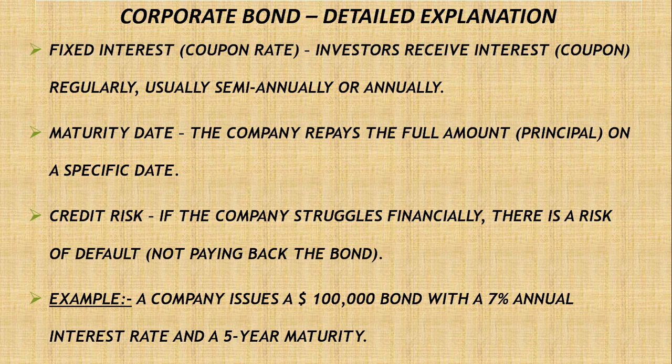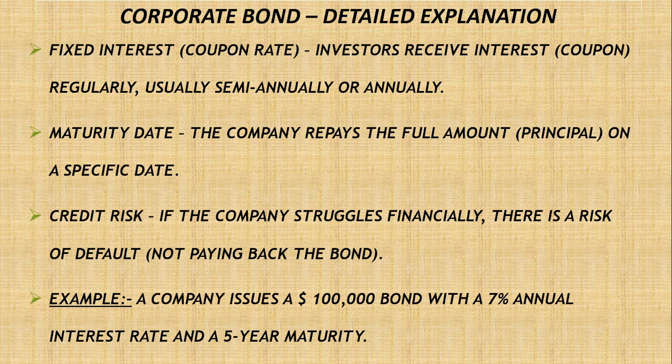Investors receive interest, that's coupons, regularly, usually semi-annually or annually. Maturity date: the company repays the full amount, that's the principal, on a specific date. Credit risk: if the company struggles financially, there is a risk of default, that's not paying back the bond.